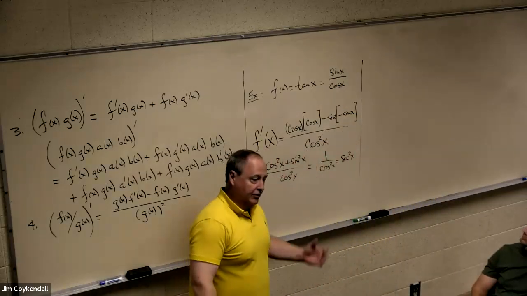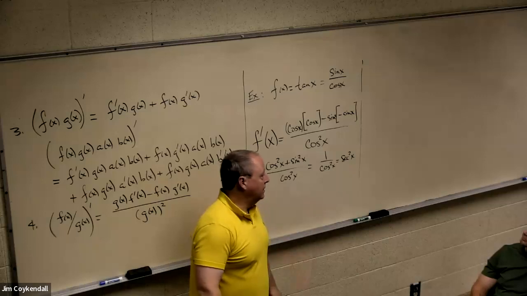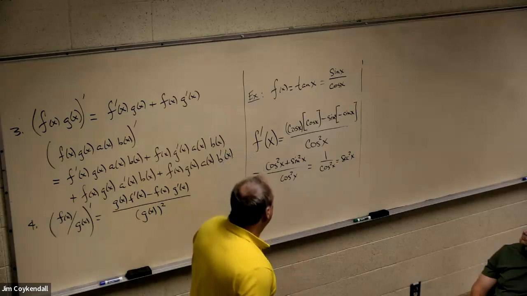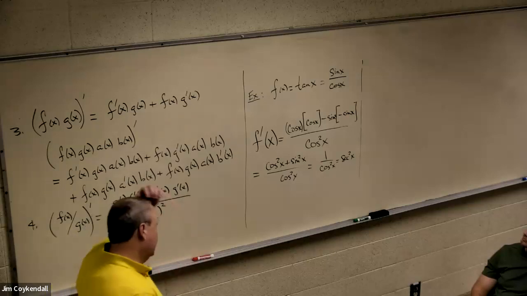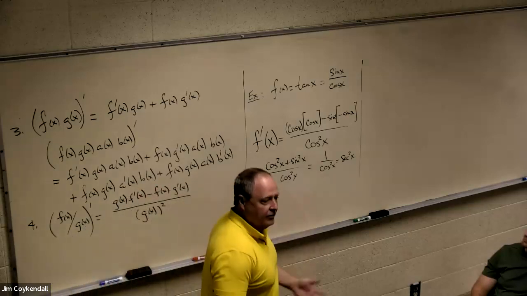Those arbitrary functions are quotients of sine. Right. So there you go. And negative, say, secant x tangent x.